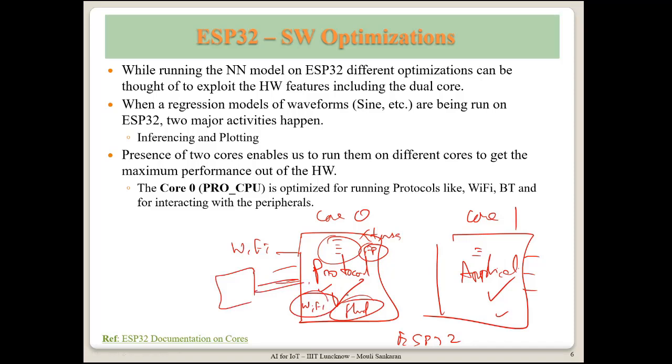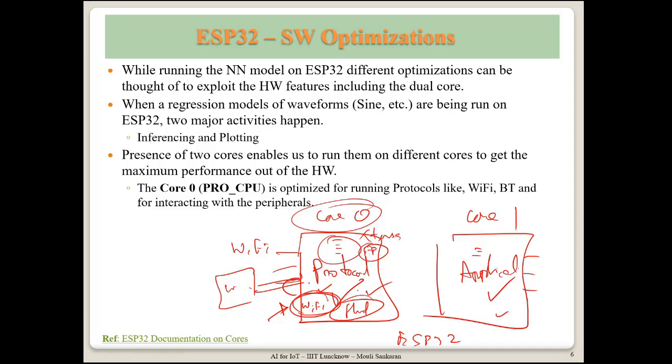So they specifically tied the Wi-Fi to the protocol core, core 0. Now you are not writing the driver for Wi-Fi, so most probably what they would have done is pinned the software running the Wi-Fi driver to this core. Pin means they would have made it run only on this protocol core.